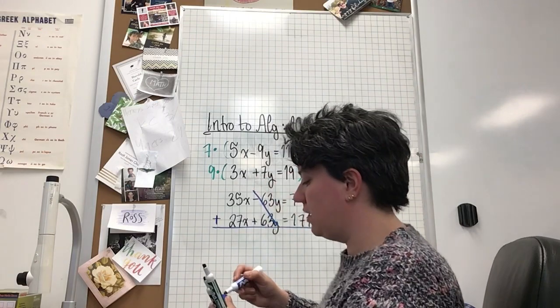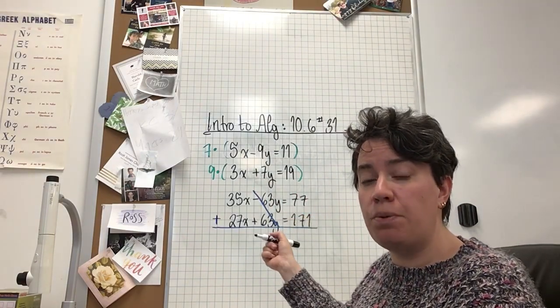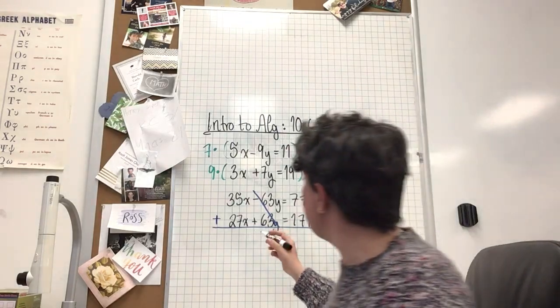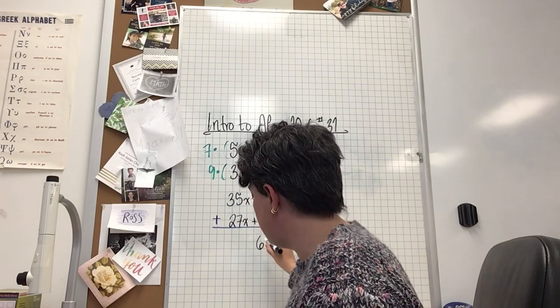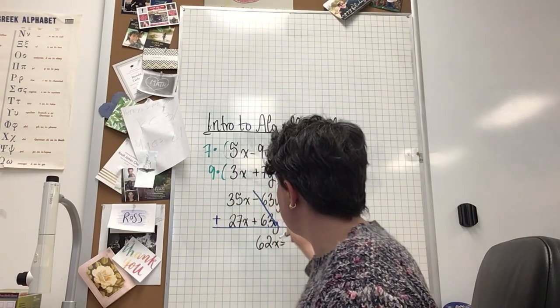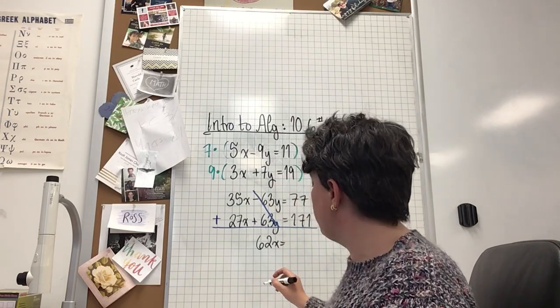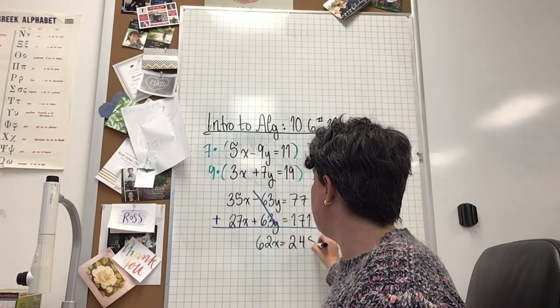Those end up canceling. And I'm left with 35x plus 27x, which would be 62x is equal to 77 plus 171, which would be 248.